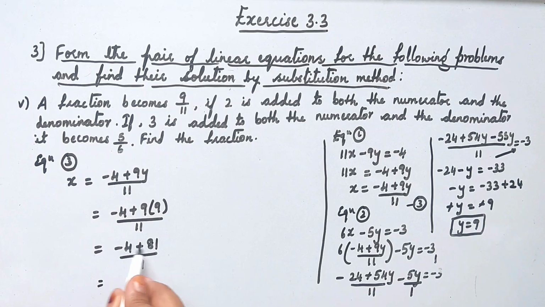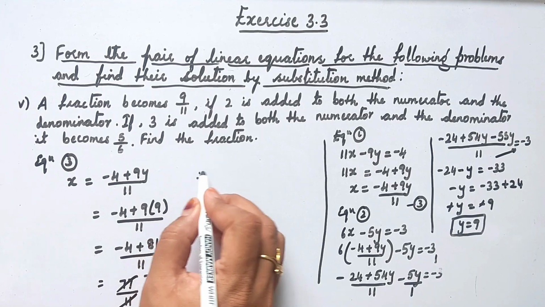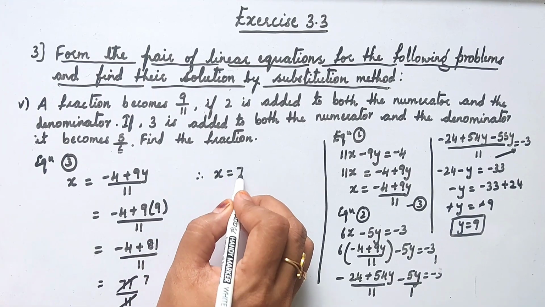Equal to, so we have got different signs, we need to subtract. When we subtract, I'm going to get 77 upon 11. 11 ones are 11, sevens are 77, therefore x equal to 7.